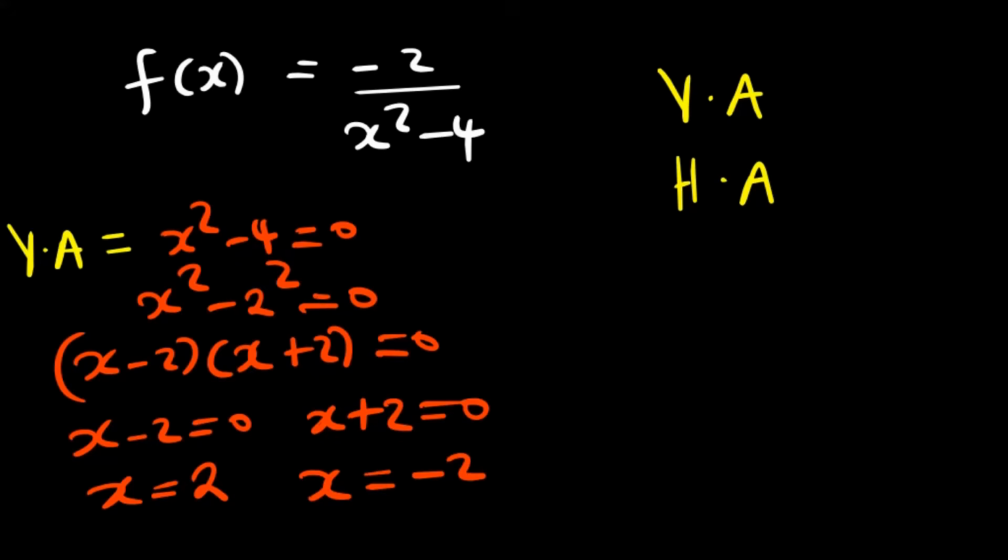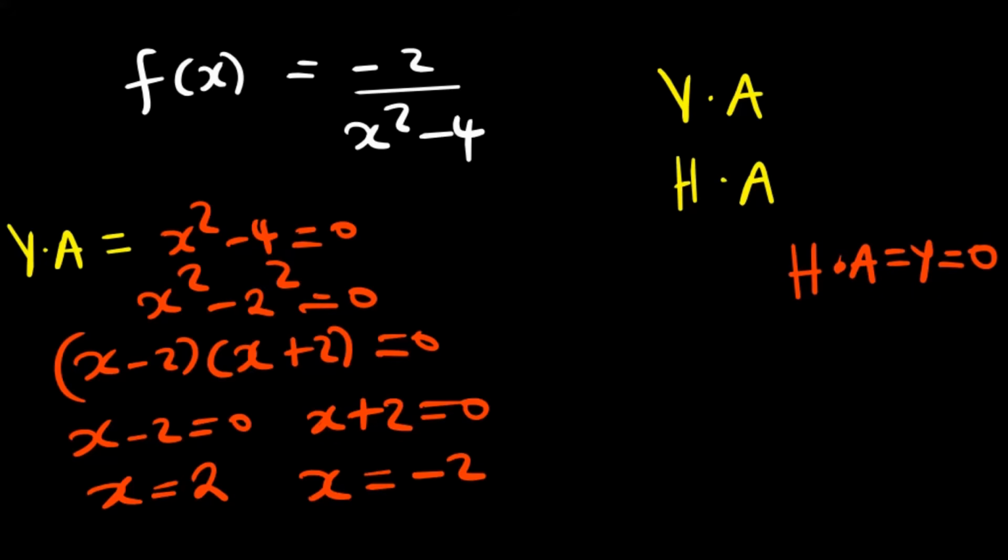Now how do we find the horizontal asymptote? For you to find the horizontal asymptote, look at the power of x. If the power of x on the denominator is greater than the power of x on the numerator, the horizontal asymptote will be at y is equals to 0.